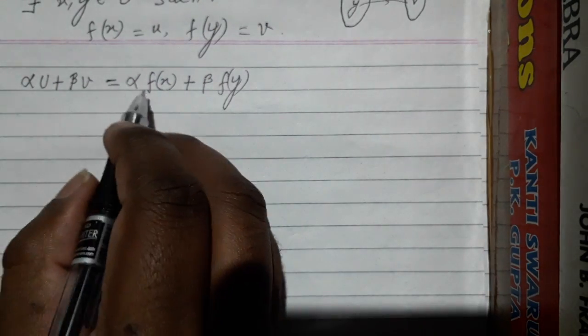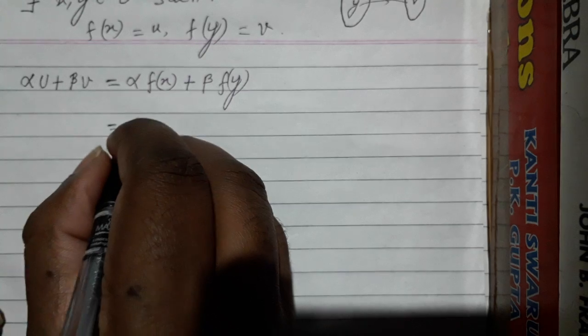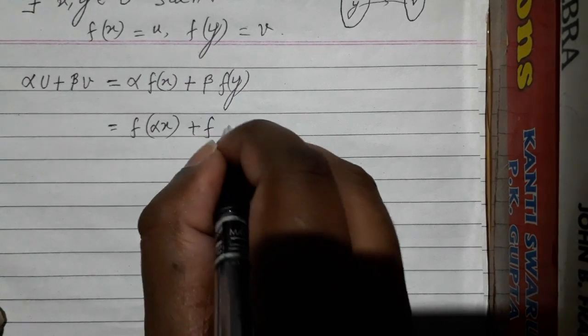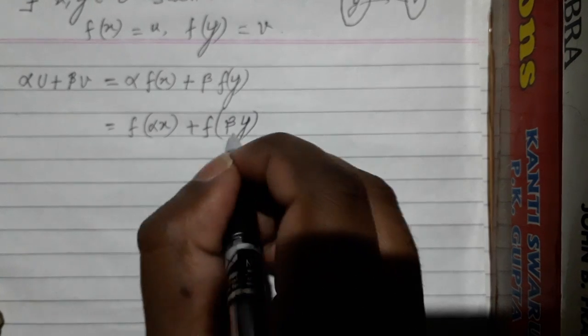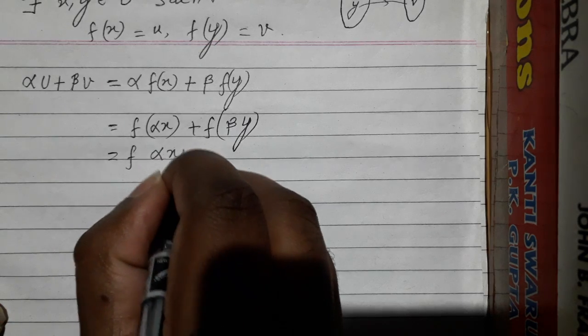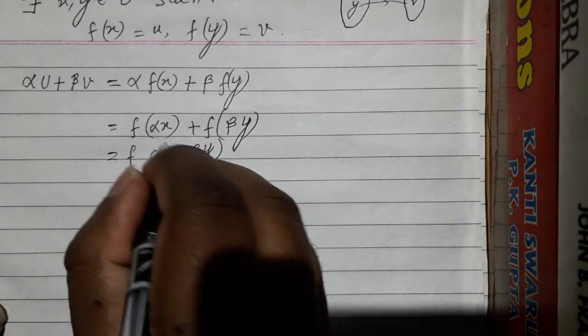Now since f is a linear transformation, this can be written as f of alpha x plus f of beta y, which is f of alpha x plus beta y.